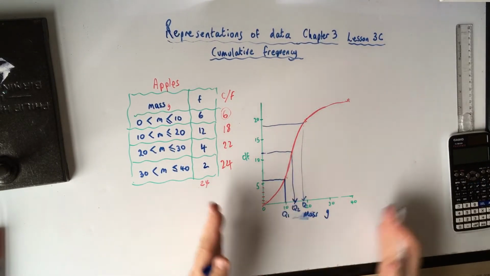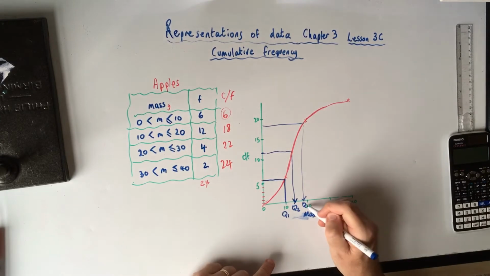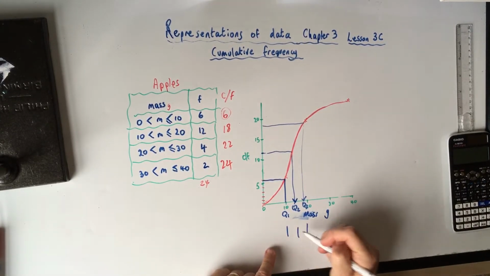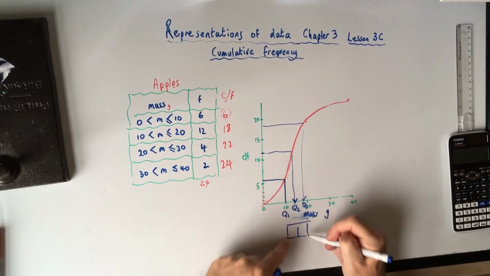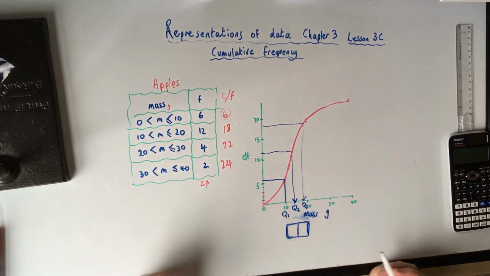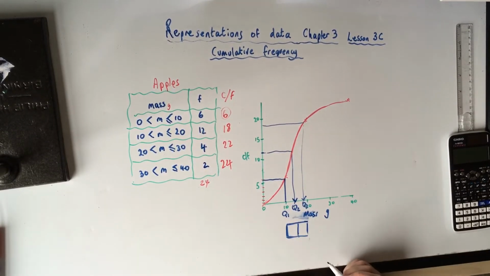If you do it on a piece of graph paper, once you've done Q1, Q2, and Q3, and you've got the scale underneath, you can extend those lines down, and you've got your box plot almost drawn for you underneath it. That's what we used to do at GCSE, or you did if you were in my class.